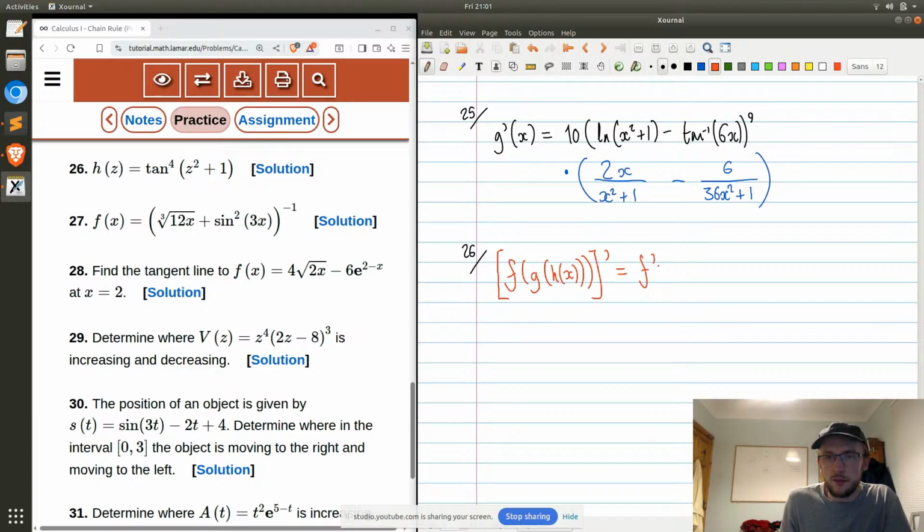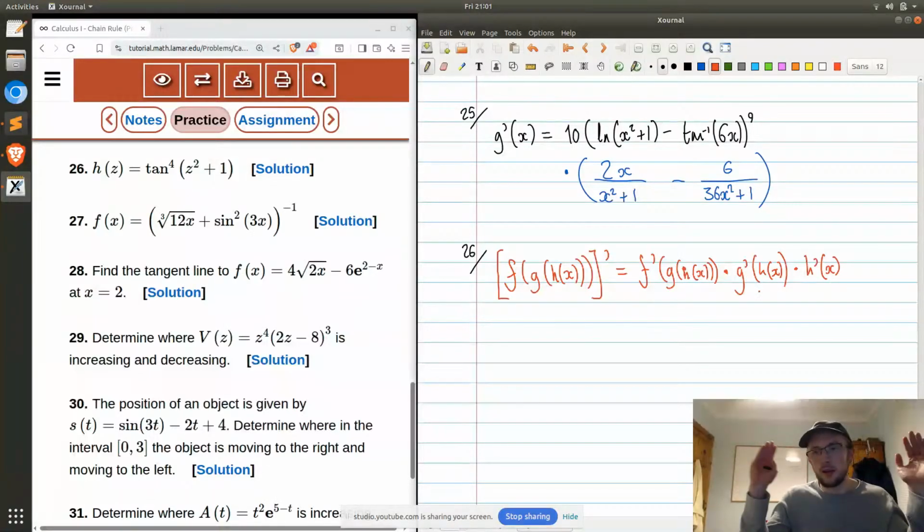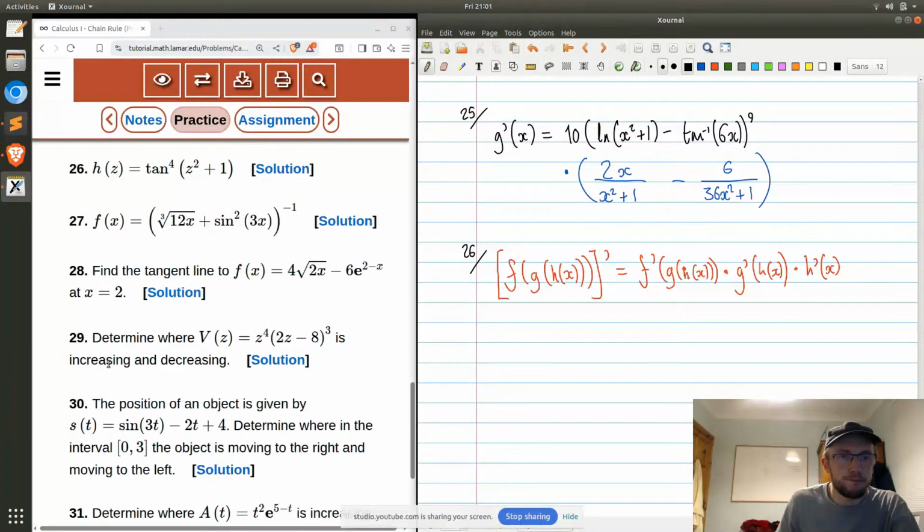And so that would be f prime of g of h of x times g prime of h of x times h prime of x, going from the outside in, like an onion. Okay. All right, let's see if I can do this.